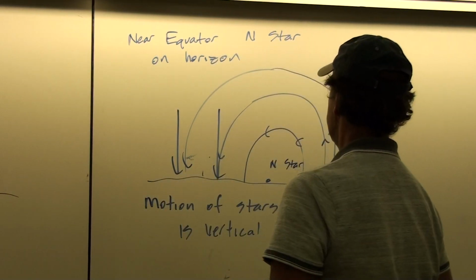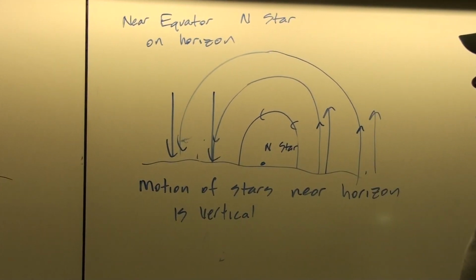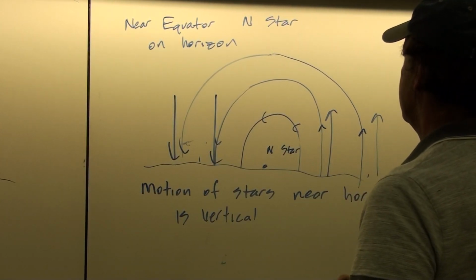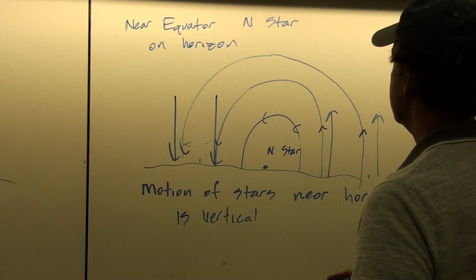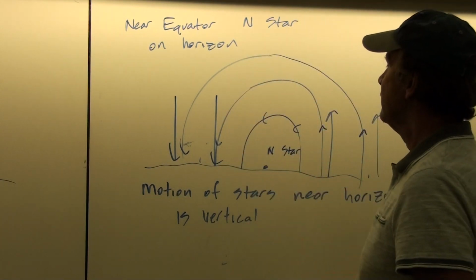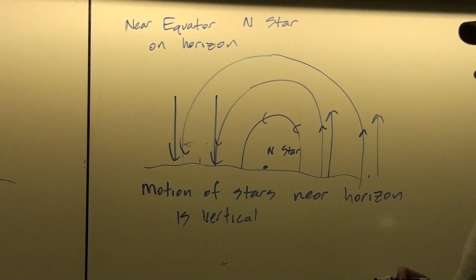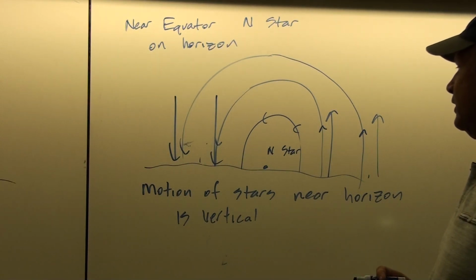So it's both of these motions, the motion near the poles and the motion near the equator, is still consistent with the idea that all of the stars appear to be describing counterclockwise circles about the North Star.